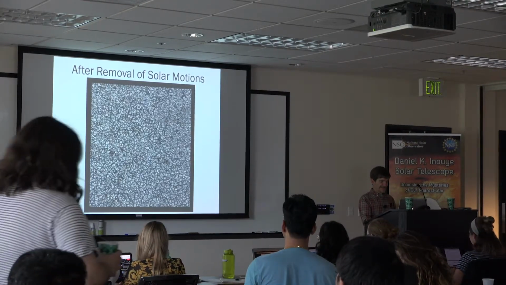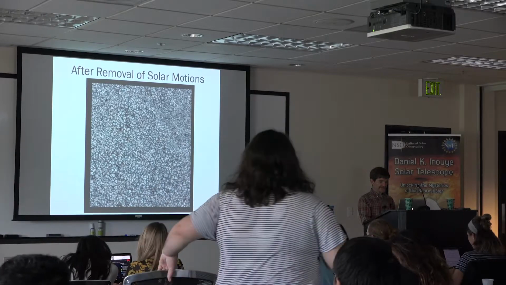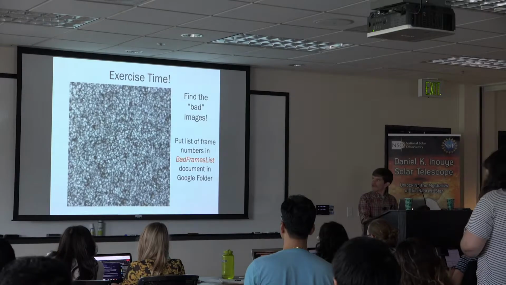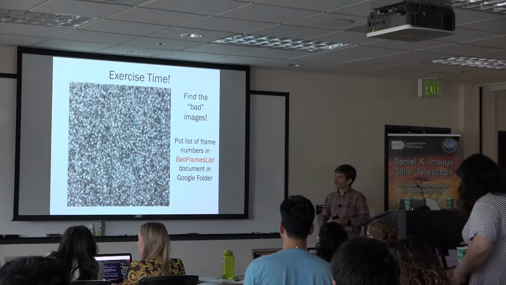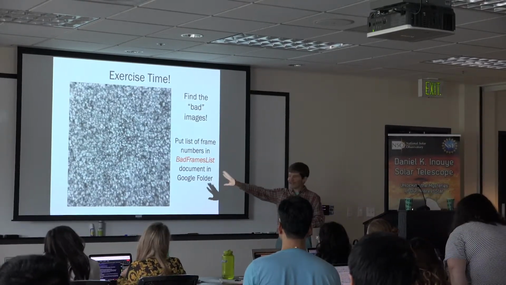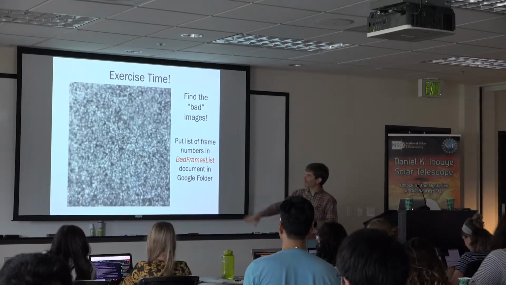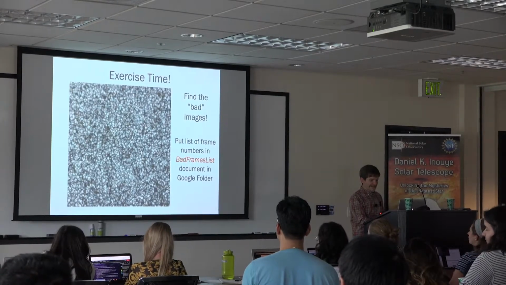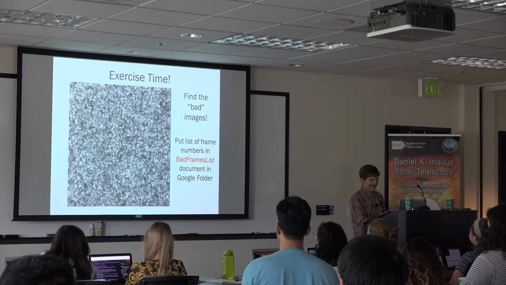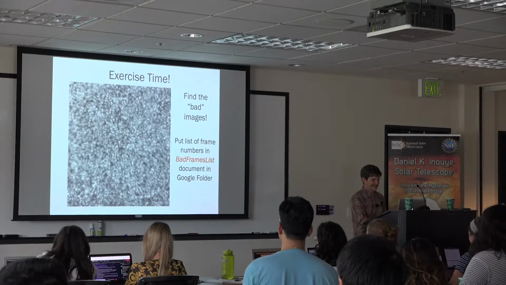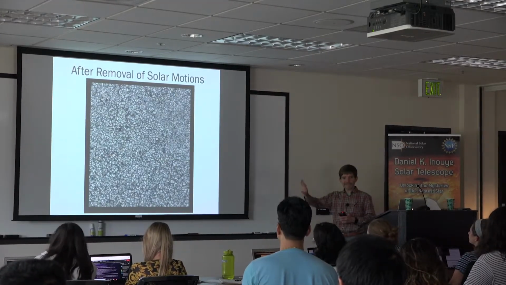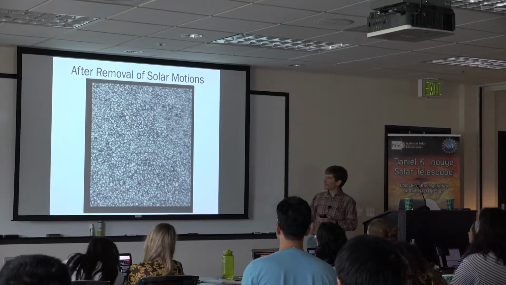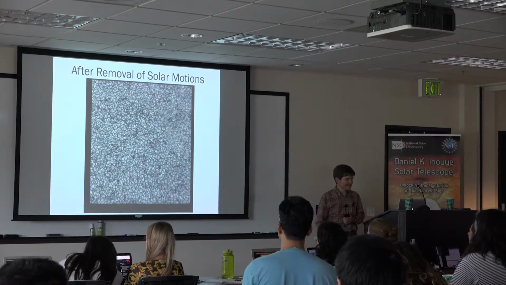So if you compare that to our original data, right? So this was the original, the starting data with the bad frames and the image motion and all the jitter. So through a few easy steps, we've gotten down to this. So it is possible to recover a lot of information about the sun, separate out those solar motions.